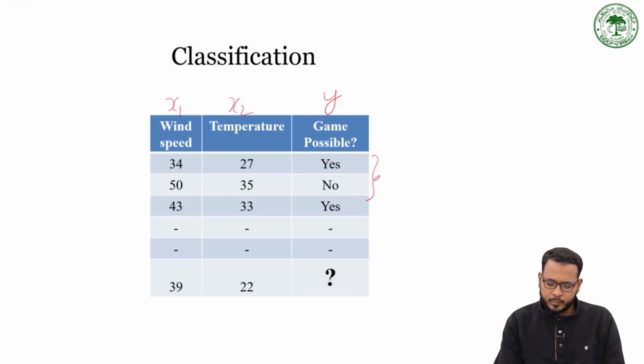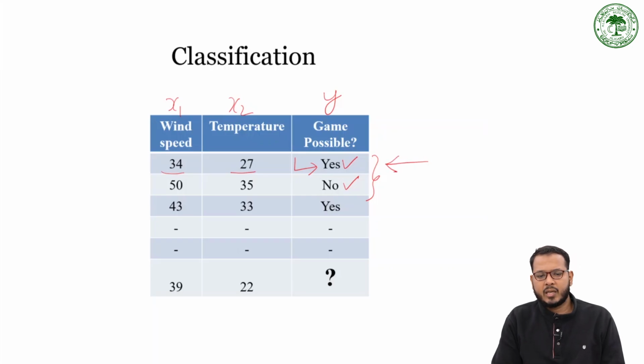Either the answer is going to be yes or it is going to be no. If you look at this data, however, the data here is nominal in nature, meaning the wind speed is given as a numeric value, temperature is also a numeric value, but the corresponding class is a string, either yes or no.